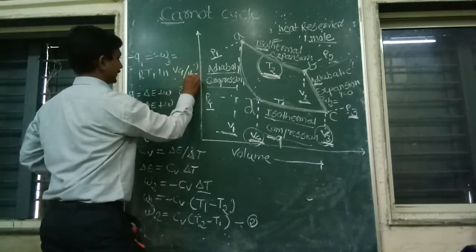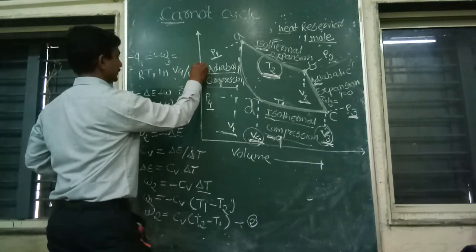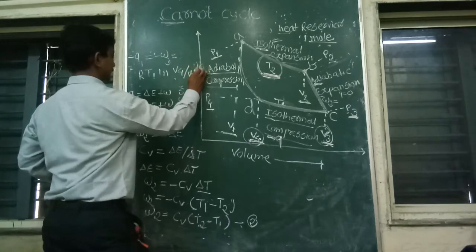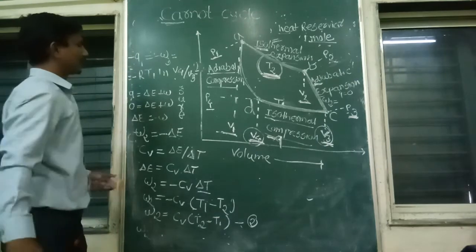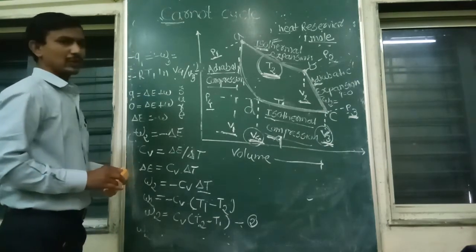This is the equation third, which is equal to minus RT1 ln V4 by V3.